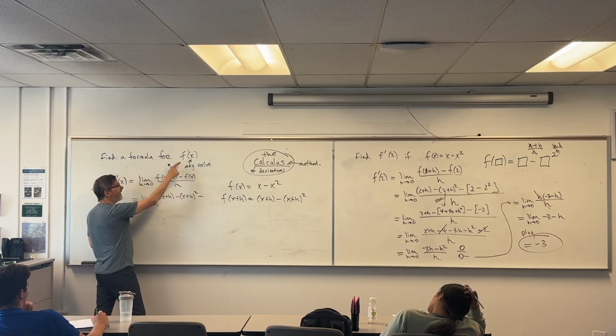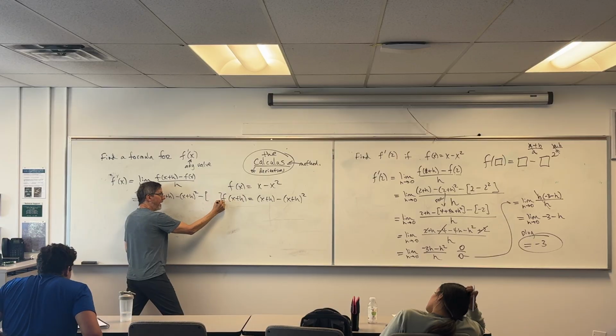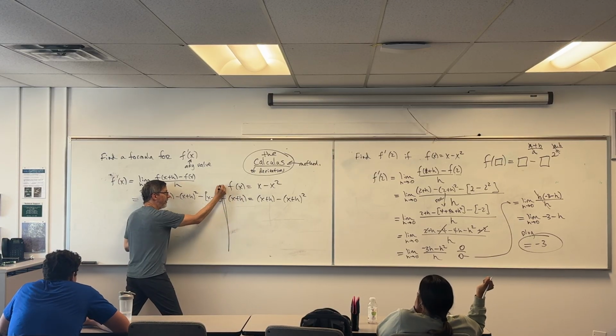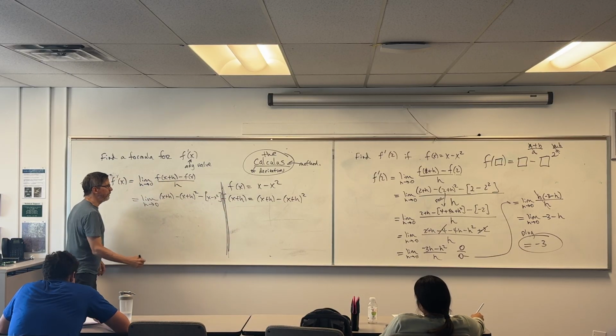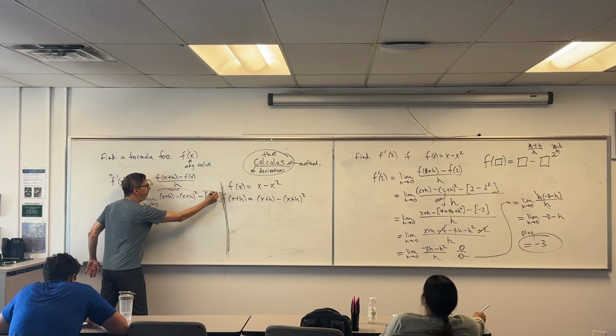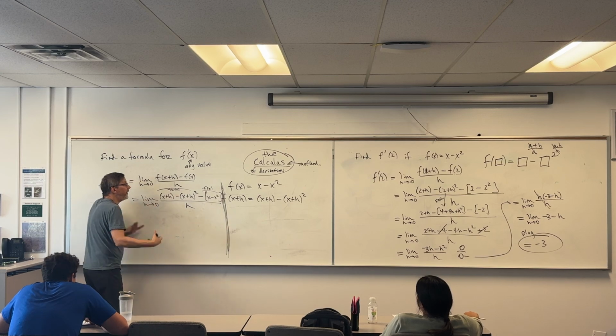And then f of x is just the function, so I'm going to put brackets, x minus x squared. So this is f of x plus h, and this is just f of x. And then I have that divided by h, and it's the same game, right?